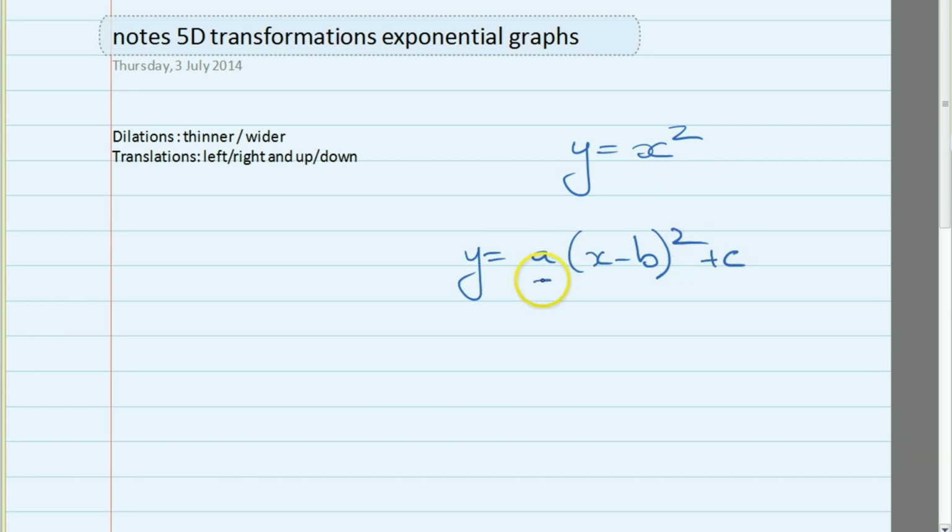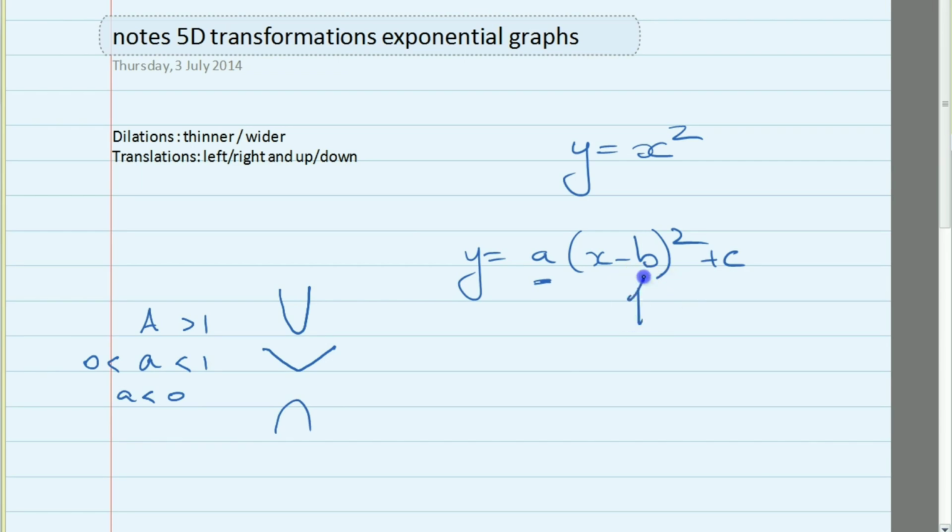If you recall, this a controlled the dilation, and if a was greater than 1, then the graph became very narrow, and if a was less than 1, but obviously still greater than 0, then it became very wide, and obviously if a was less than 0, it was flipped upside down.